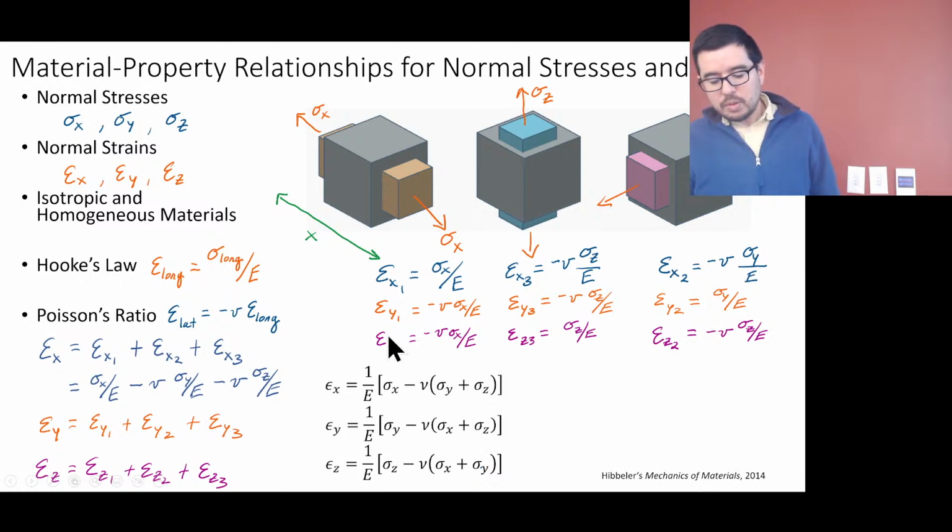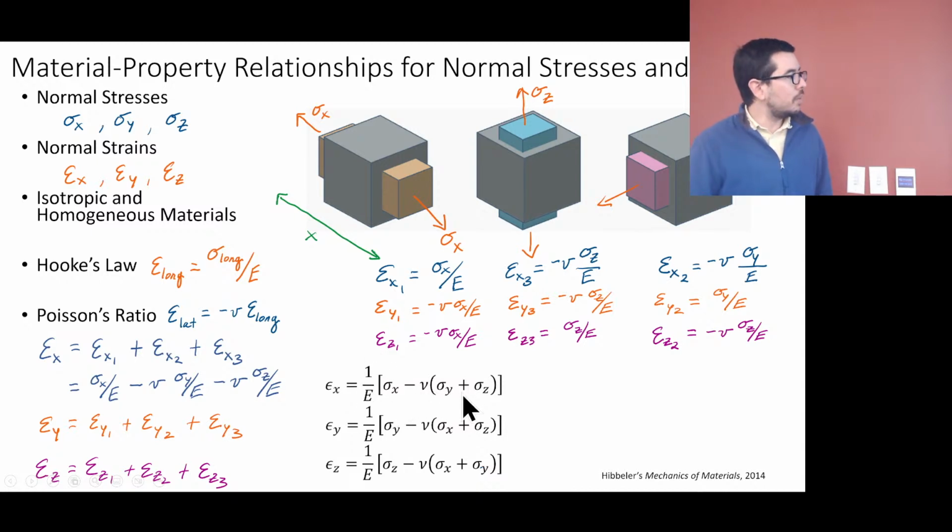So you get these relationships right here. Epsilon x is equal to, and this is essentially Hooke's law, 1 over E times the stresses. That's the Hooke's part. The Poisson part comes in on the two orthogonal axes, the y and z axes, if we're in the x direction.